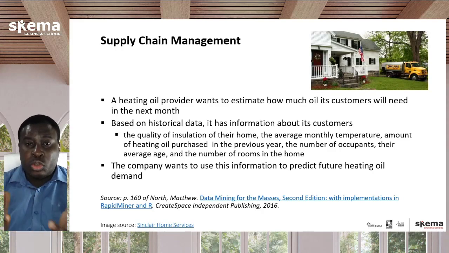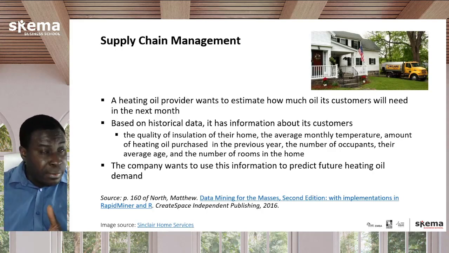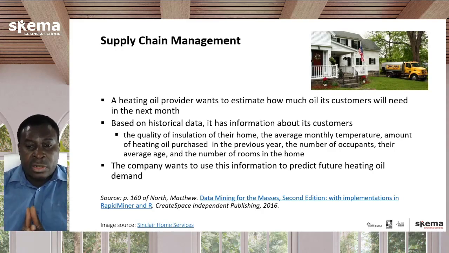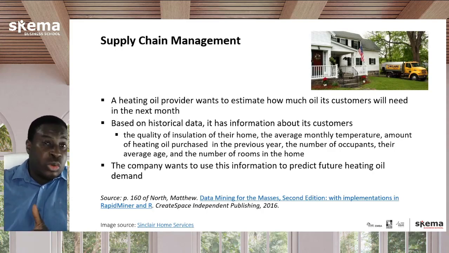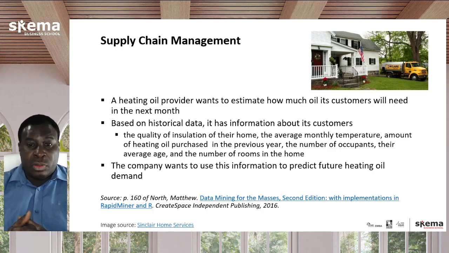And so, based on historical data, the information from its customers, it can look at all the different customers it has and consider the quality of the insulation of their homes, the average monthly temperatures. Perhaps this year is colder or warmer than the last year. They look at the historical heating purchases from those customers, the number of occupants, their average age, because typically older customers tend to need more heating.